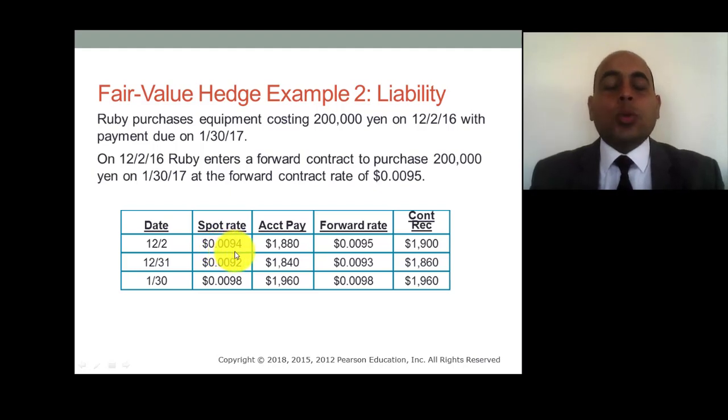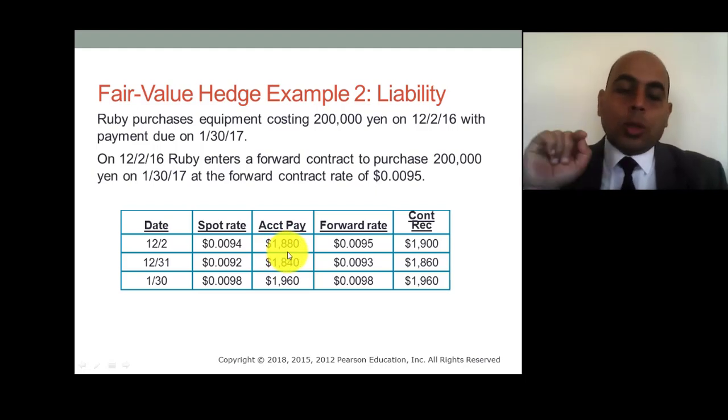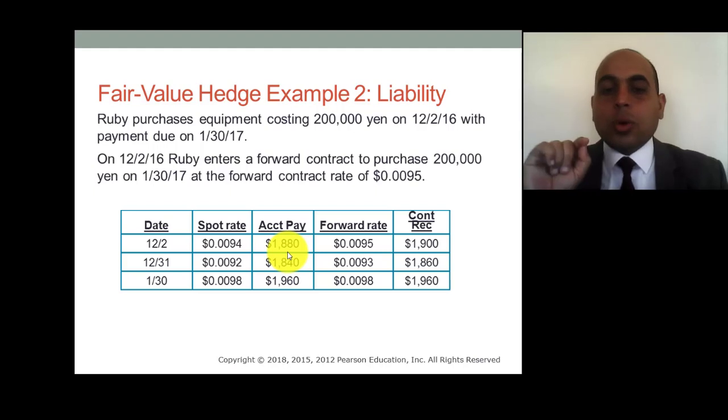So the amount that we owe in US dollars is 1,880.